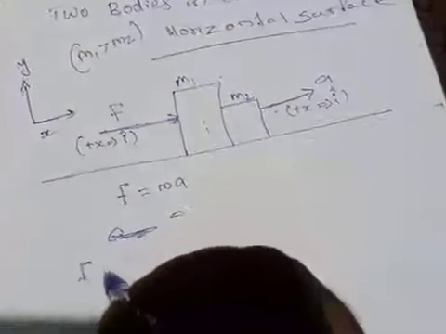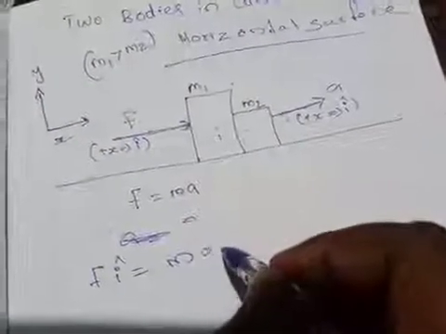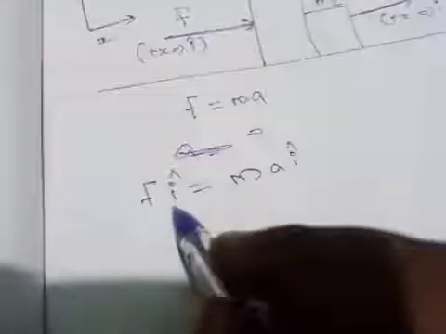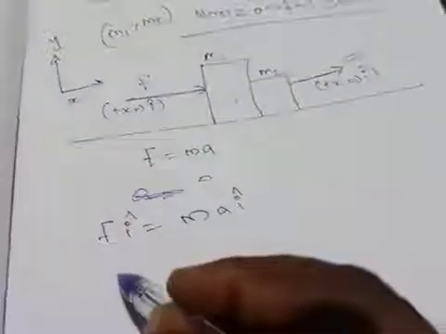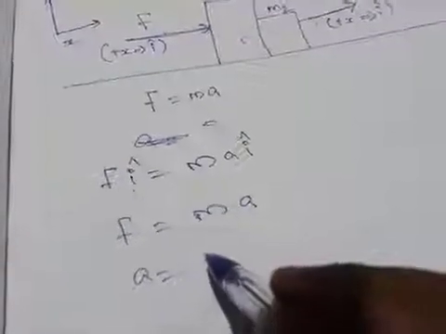So F i is equal to ma i. Comparing the components, we can cancel i and i, so F is equal to ma, and from this formula a is equal to F by m.